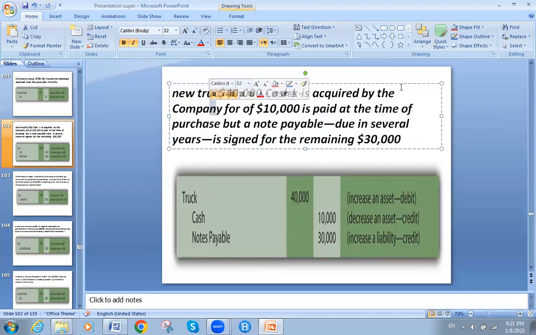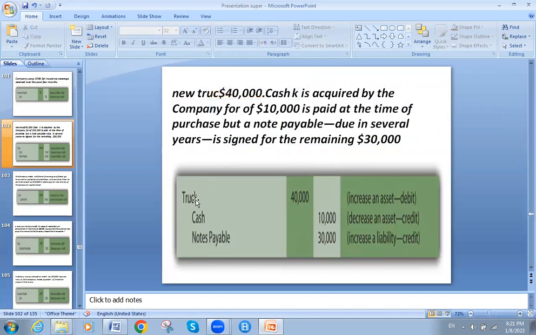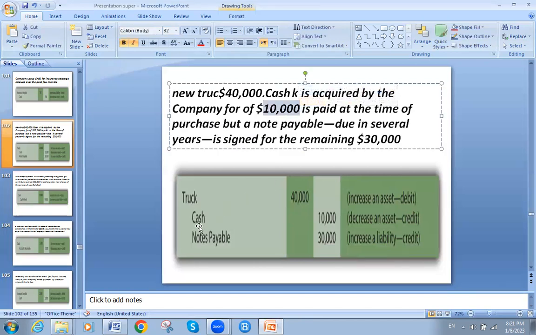So this is a debit. Increasing. This is assets. The truck is an asset. It's increasing. Increasing asset will be debit. We will put it on the debit side. Cool. That's perfect. But when you come to see here, we just paid 10,000 in cash. So the cash here will be credit with the 10,000.